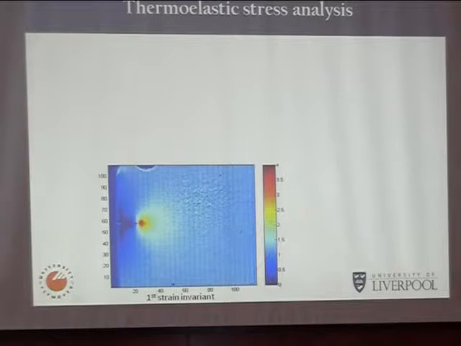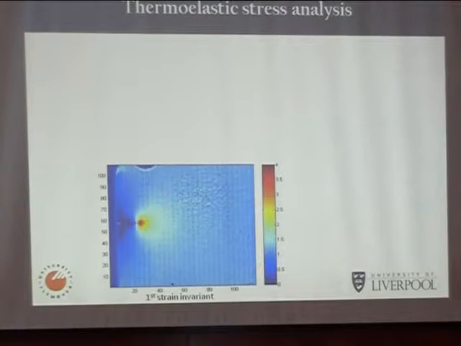When you compress, you get a small increase in temperature. And if you lock your infrared camera into your cyclic load, then you can plot the amplitude of the temperatures, and they're directly proportional to the first strain invariant. And so this is a map here of the first strain invariant collected from a crack tip during fatigue loading. Okay, that's standard thermoelastic stress analysis.